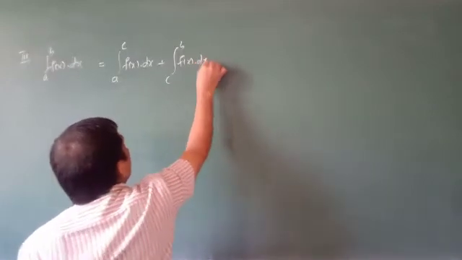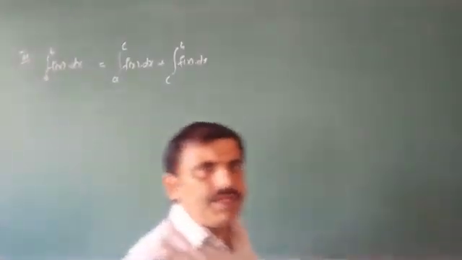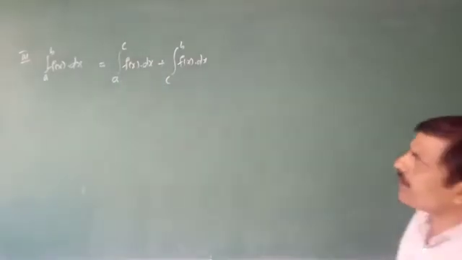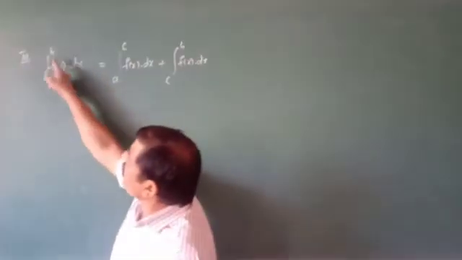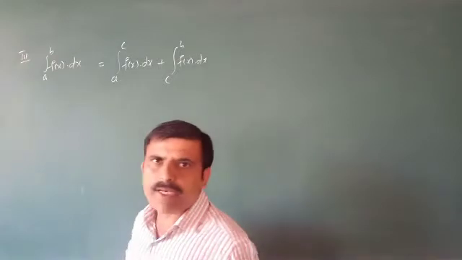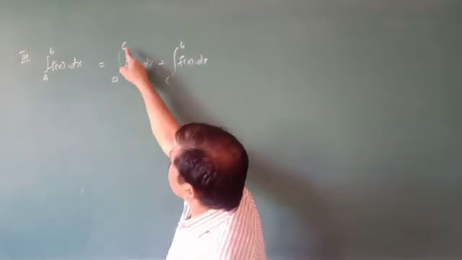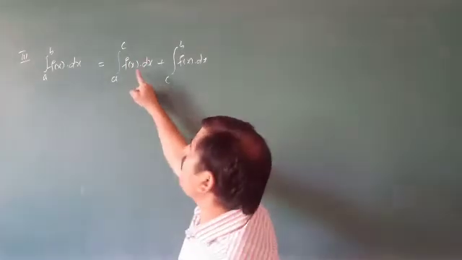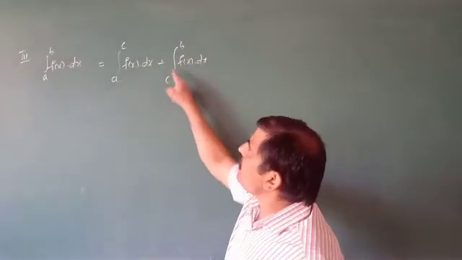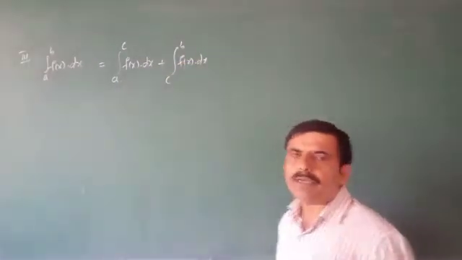In a definite integral, the integral from a to b of f of x with respect to x is equal to the integral from a to c of f of x plus the integral from c to b of f of x.